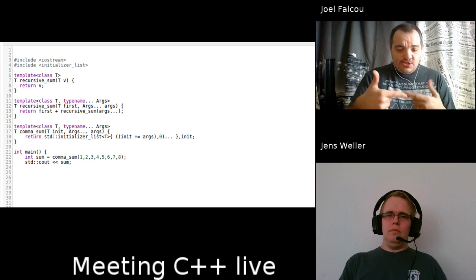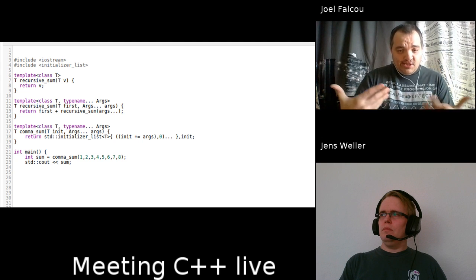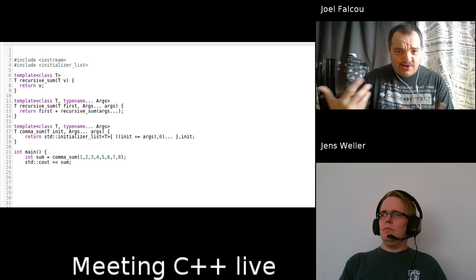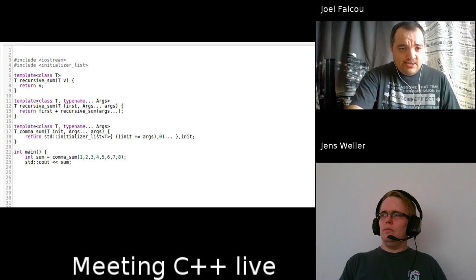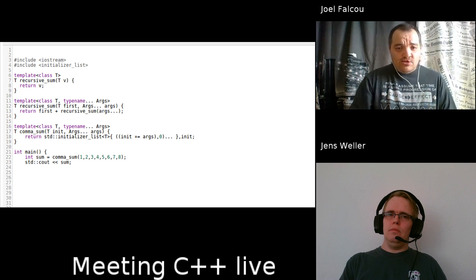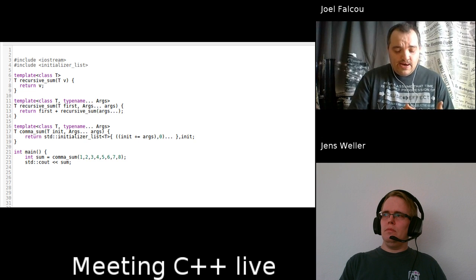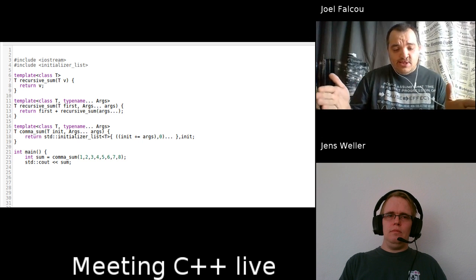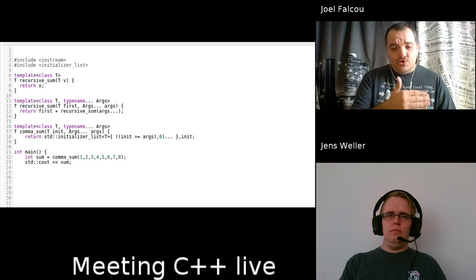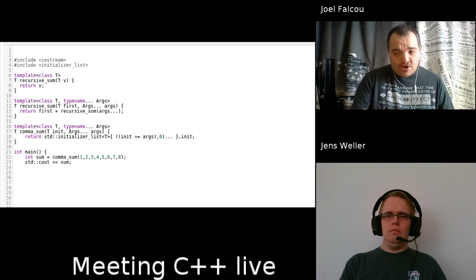Maybe the symbol name itself has to be built and mangled so it can be compared to something else. So it involves a lot of bookkeeping for pretty much nothing, because at the end, when the optimizer rolls over that, you will end up with code equivalent to return value 0 plus value 1 plus value 2 plus value 3 and so on.